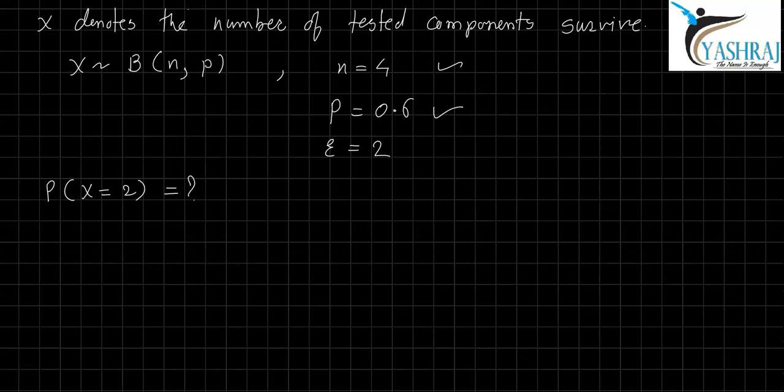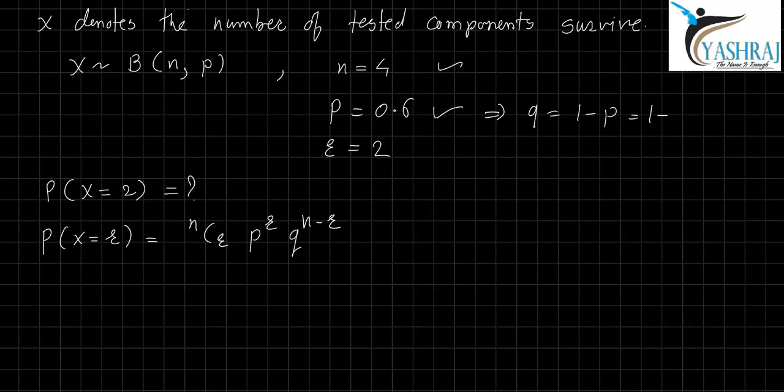So first of all, the formulation: P of X equals r is nCr p to the power r into q to the power n minus r, where q is 1 minus p, which is 1 minus 0.6, so q is 0.4.